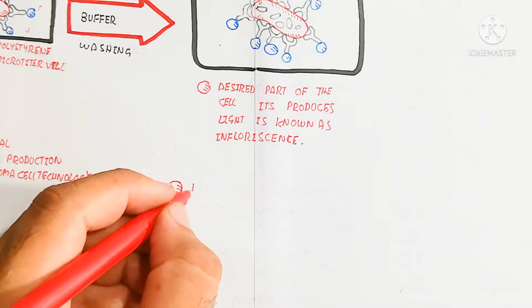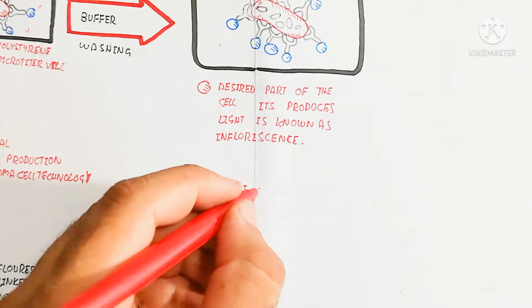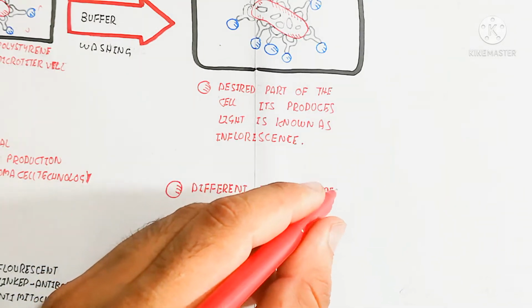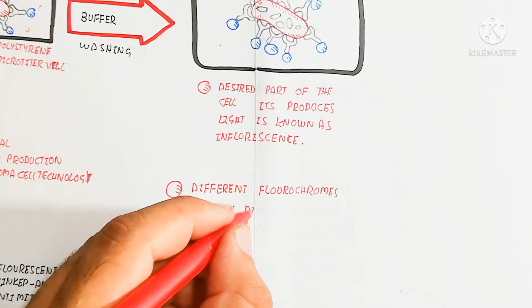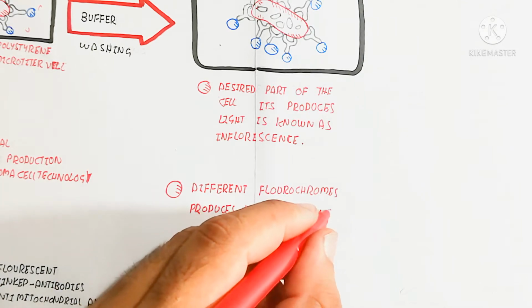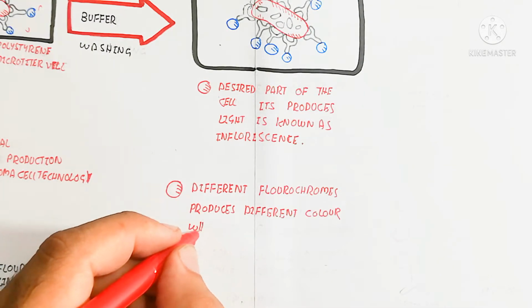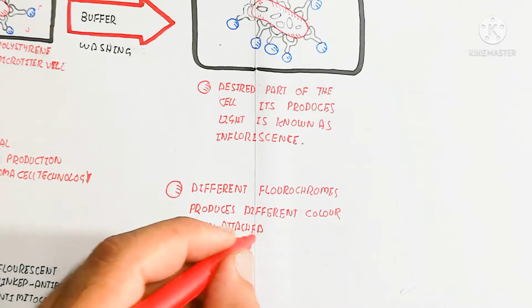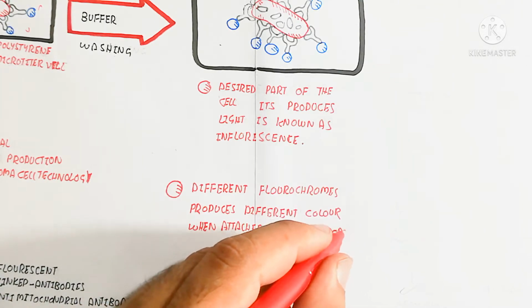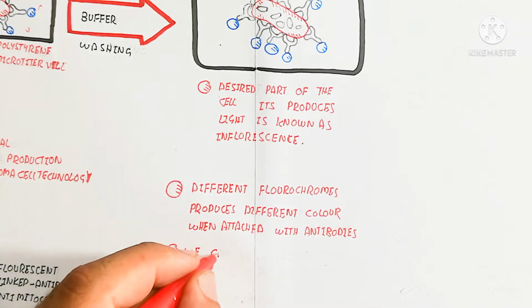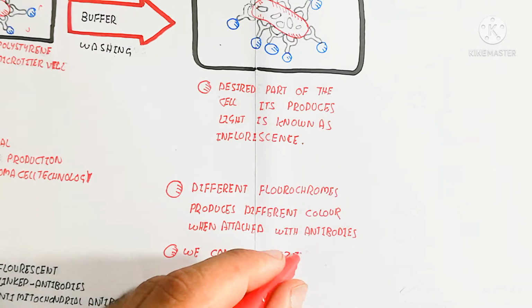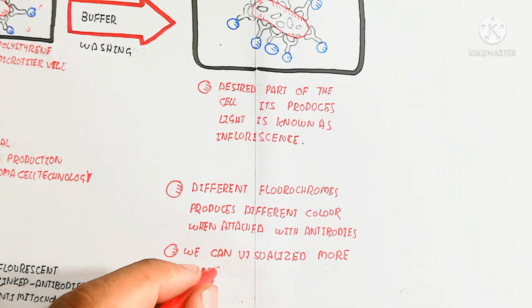After attachment of the antibody with the antigen, it produces color, and we can detect that color and the shape, because the antibodies are around the mitochondria, so we can check their shape and structure.